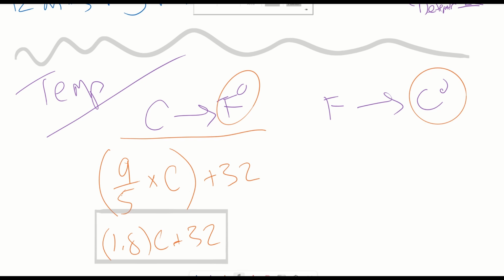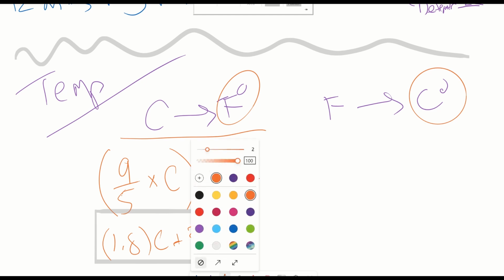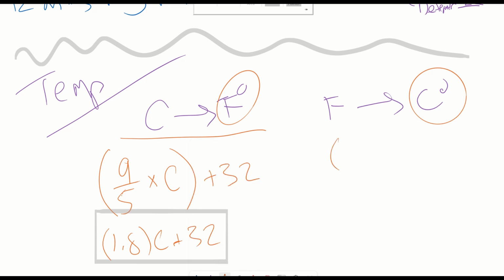All right, so Fahrenheit to Celsius, what is that? So we're getting smaller, right? So what is it? So Fahrenheit minus 32, times 5/9, right? What is 5/9 as a decimal? 0.55.